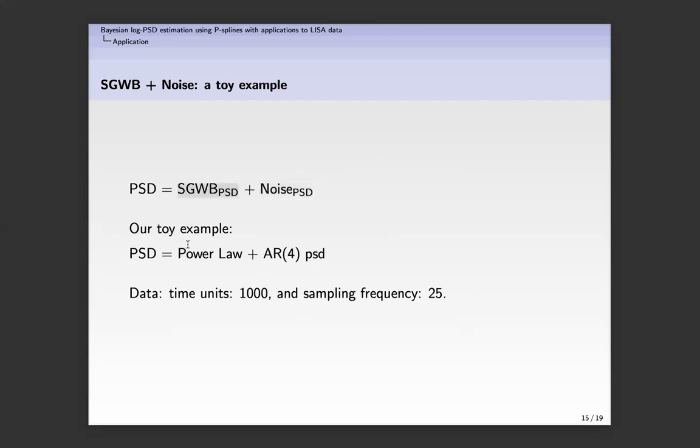We consider a power law for the stochastic gravitational wave background, and for the noise, we consider an autoregressive model of order 4. We consider 1,000 time units and a sampling frequency of 25, and then we generated the data. We estimated the PSD composed of these two PSDs. For the power law, we consider the parametric model, and for the autoregressive part, we applied our log B-spline method.